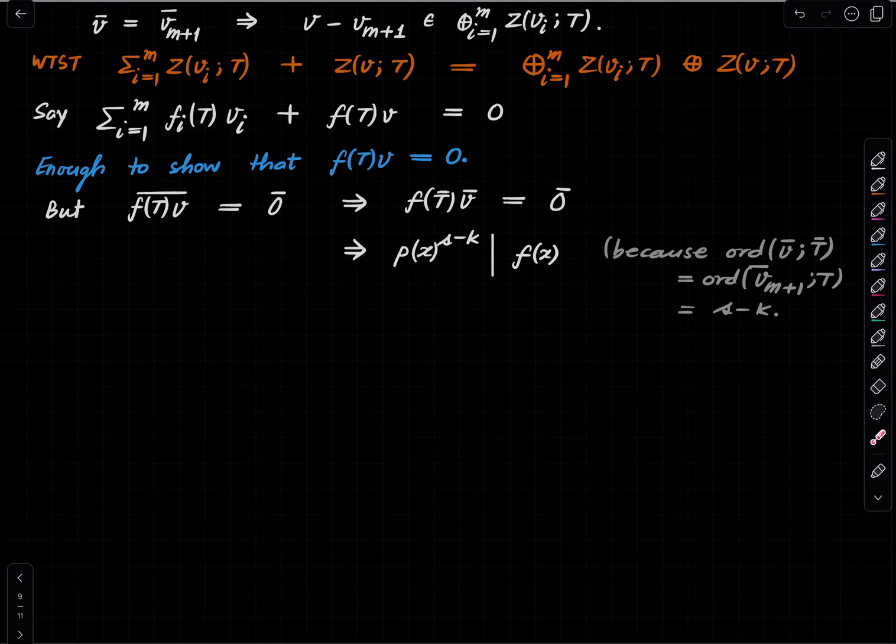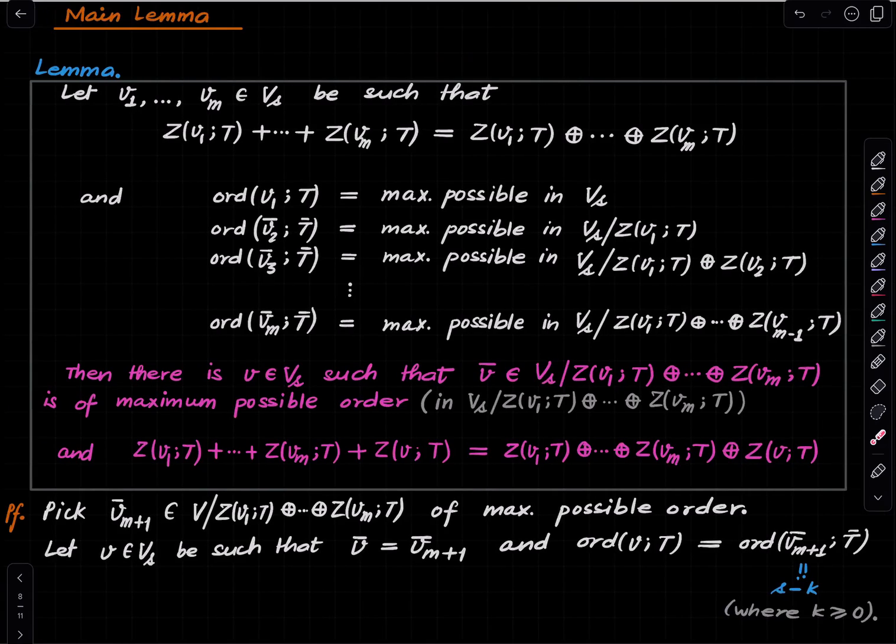Yeah, so finally, we also have that this is equal to the order of v in the original thing, right? This is how the vector v was chosen. We had v such that v bar was that thing, and the order of v in the original space was same as the order of the thing in the quotient space.